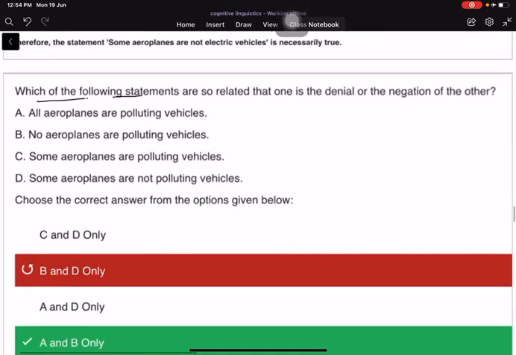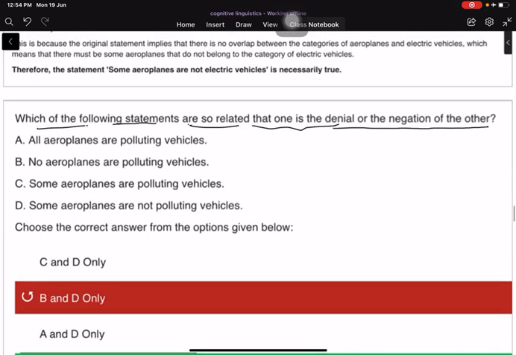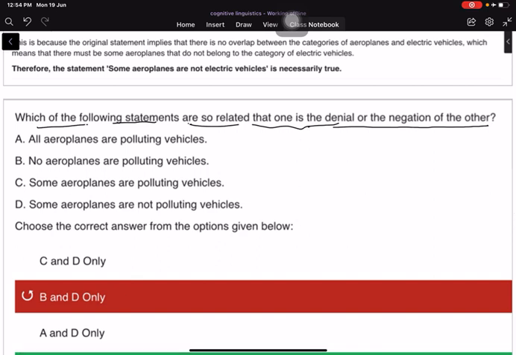Now, which of the following statements are so related that one is the denial or the negation of the other?